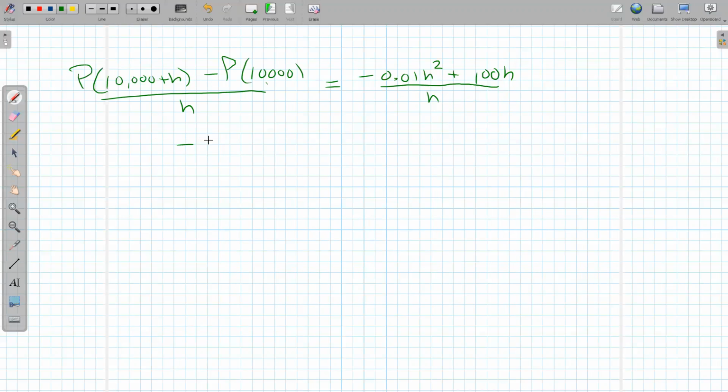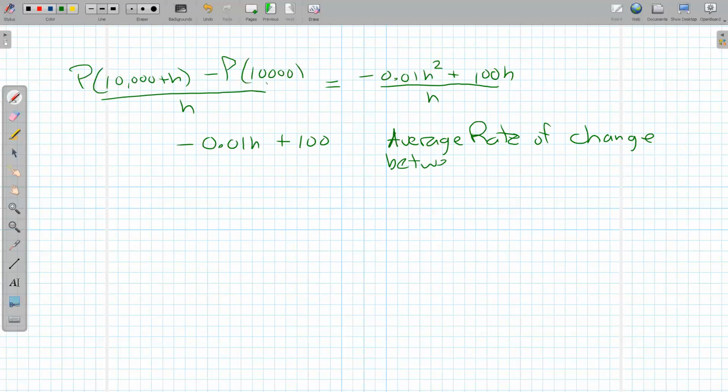So I'm left with negative 0.01h plus 100. And so this right here is our average rate of change between x equals 10,000 and x equals 10,000 plus h.